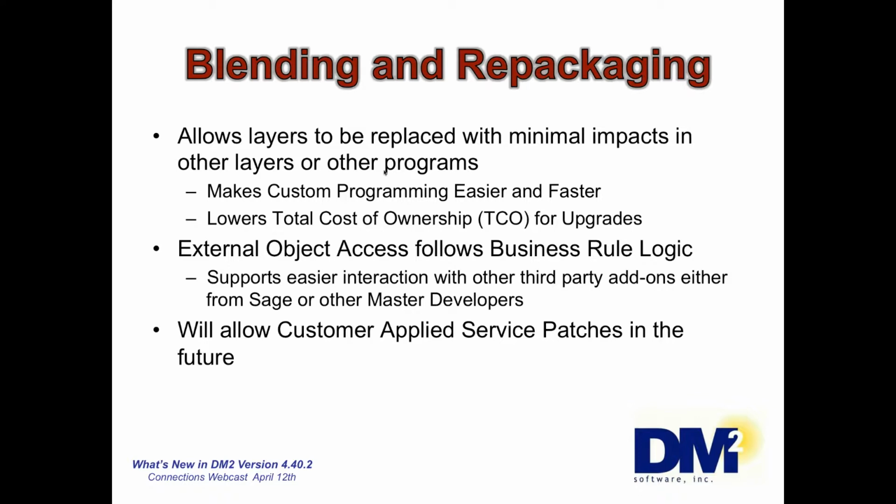So that makes their jobs a lot easier and even possible. In some situations, you couldn't do it in the previous version. So this is kind of a big thing, and that also contributes to the lower cost of upgrades and custom programming.